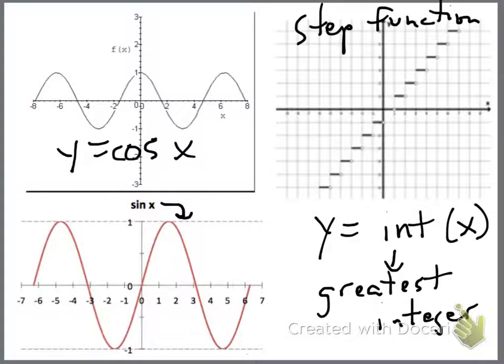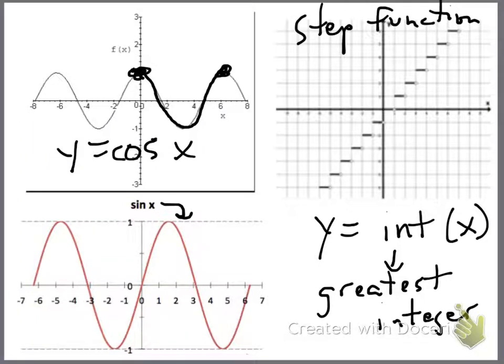All right, next, cosine x. This is one cycle. Actually, let's go back. That is not one cycle. Actually, it is one cycle. They don't have the pi's here.